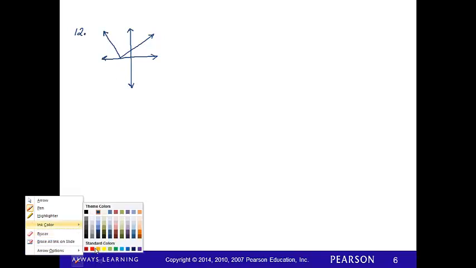And it says identify whether or not this is a polynomial function. So, polynomial functions are smooth and continuous. However, if I travel on this graph, I'm going to hit a corner, which is a sharp corner. Therefore, this is not smooth.